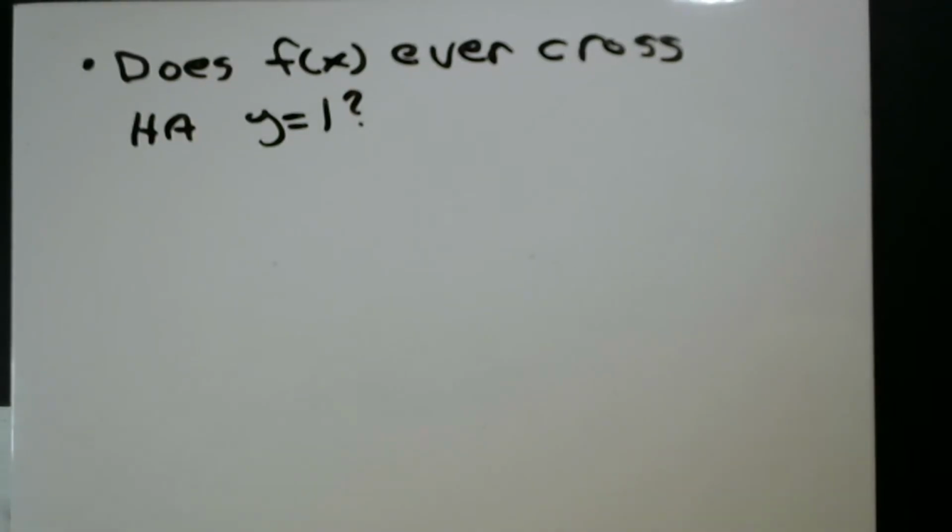Now, for vertical asymptotes, this isn't an issue. Vertical asymptotes, those don't get crossed. But horizontal asymptotes, those do get crossed. Now, how often they cross, who knows?